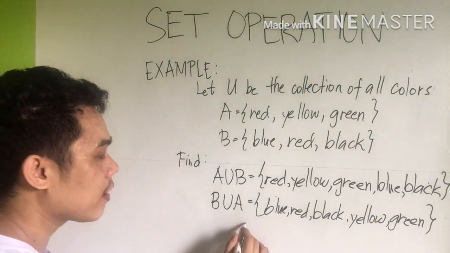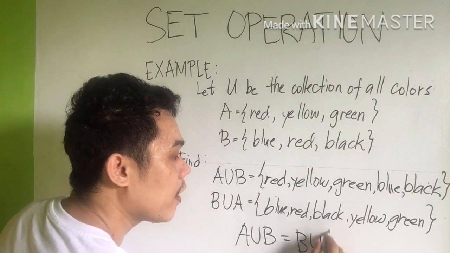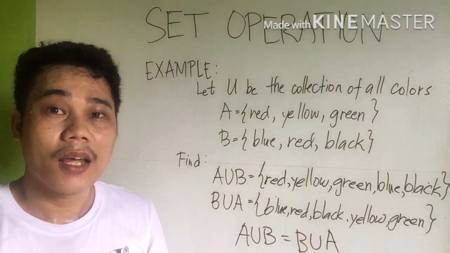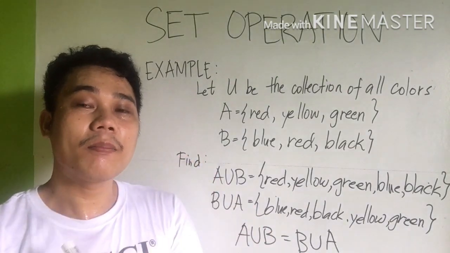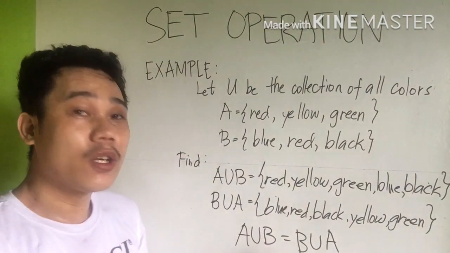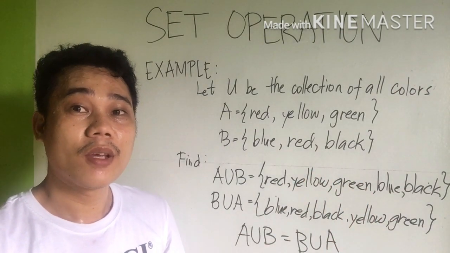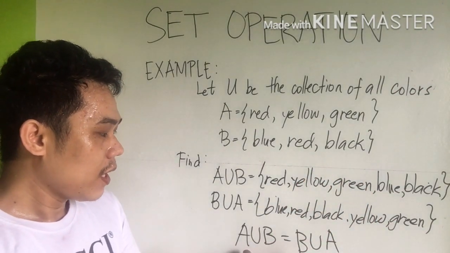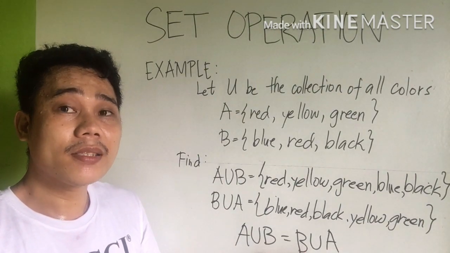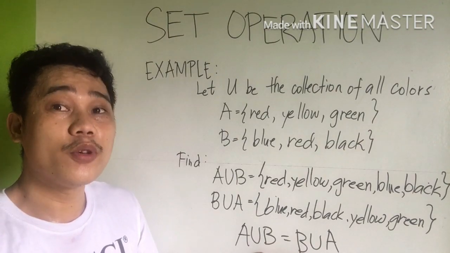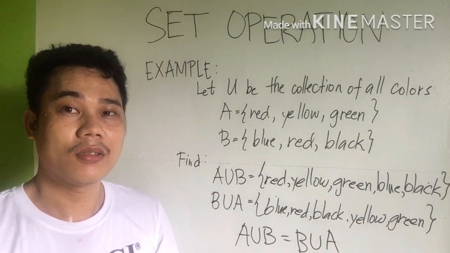So, meaning pala, A union B is equal to B union A. Ibig sabihin, kahit ibaliktad natin yung set na A at saka B, yung union, i-preserve niya yung result. So in other words, ang tinatawag natin yan sa property sa mga numbers is commutative. So parang pwede nating i-commute itong dalawang set na to.